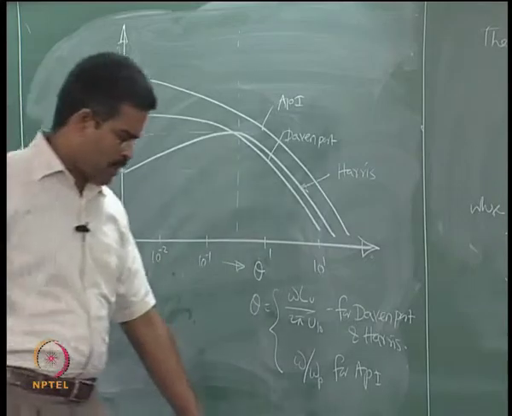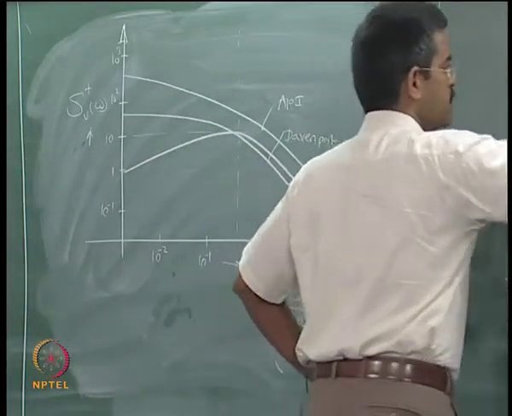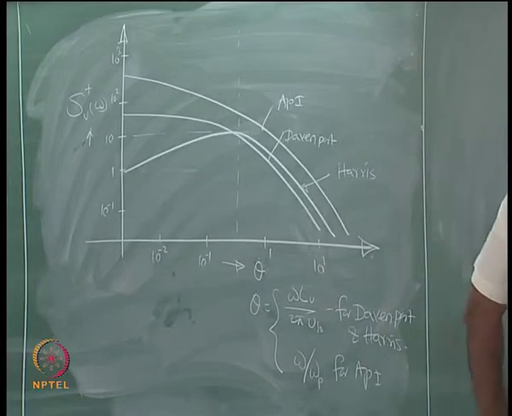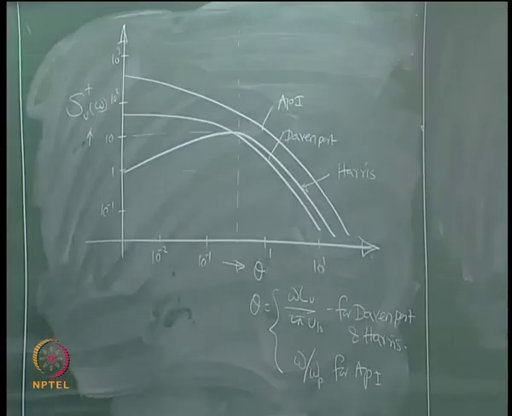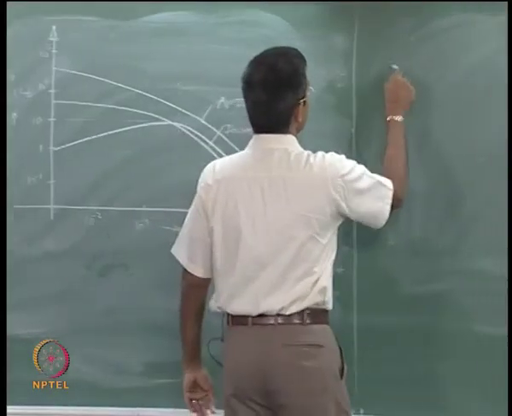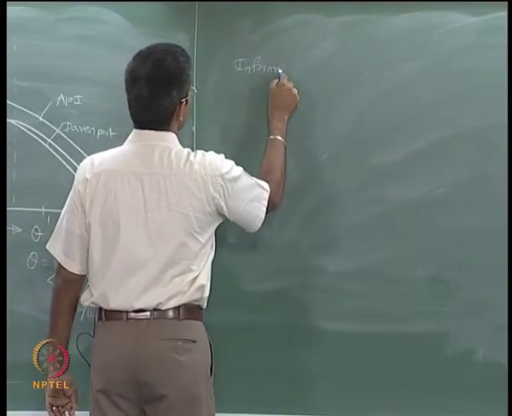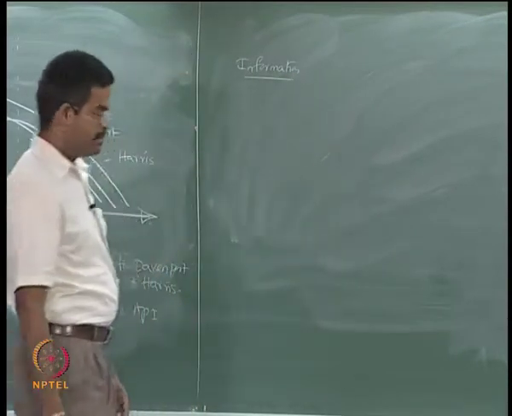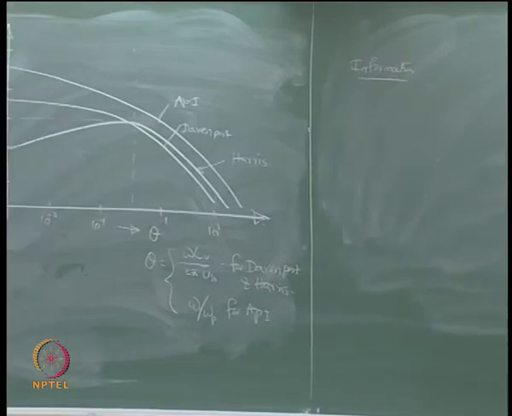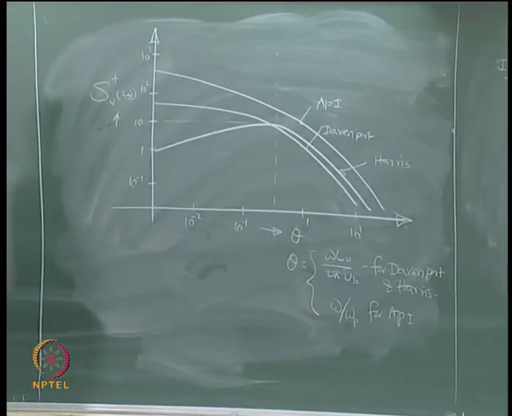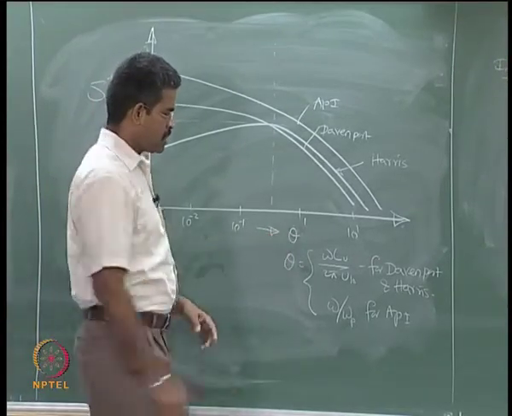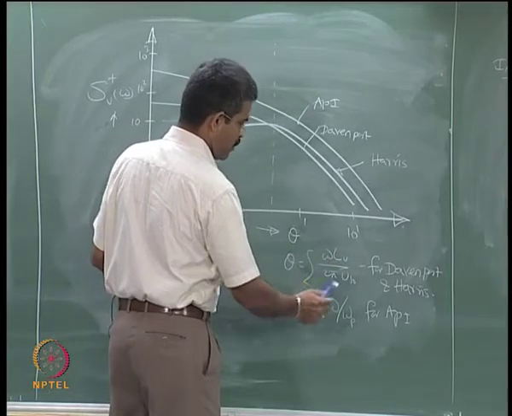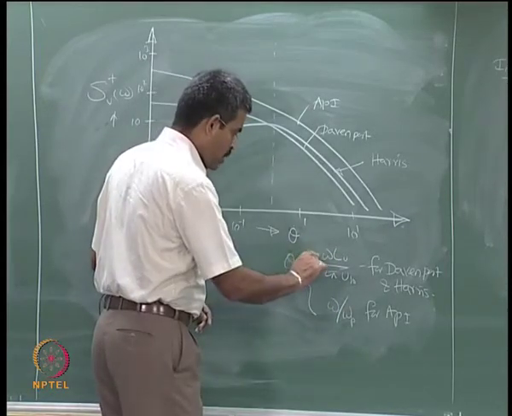So, we draw very important information from these figures. The important information I get by comparing these 3 spectrums is that for lower values of theta, because Lu, U10, 2 pi are all fixed, when omega is lower, theta will be lower.